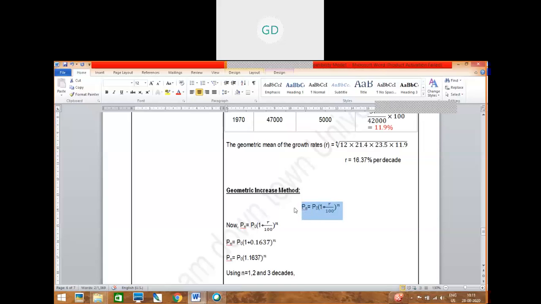So r you got to be 16.37, and in the formula it is divided by 100, so you need to divide it by 100. After dividing by 100, your 16.37 becomes 0.1637.